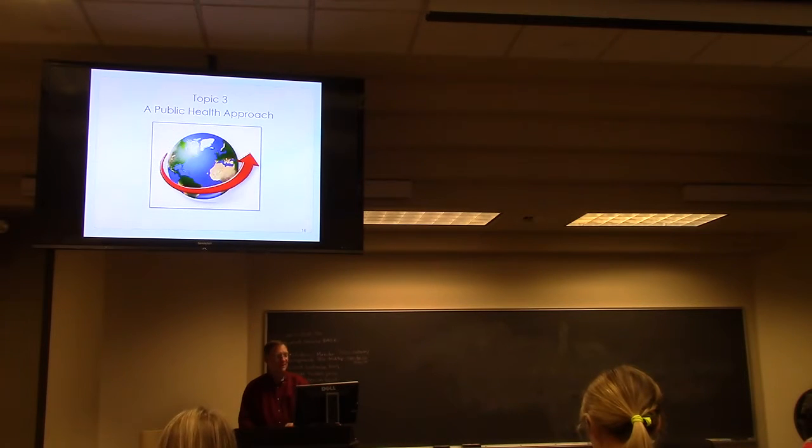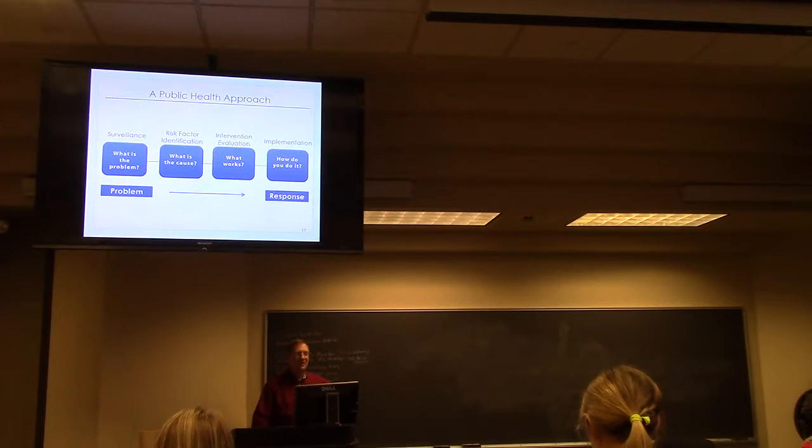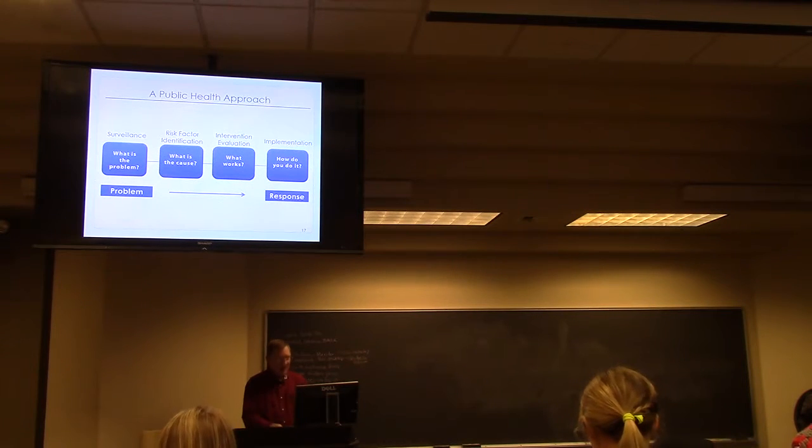Okay. Public health approach. We'll get this one done and we'll let y'all get out of here to eat and refresh, and then we'll flow on through the rest of it. Okay. Public health approach. You can see here there are a number of steps when public health deals with problems. And the problems that public health deals with are diverse from what we've talked about already.